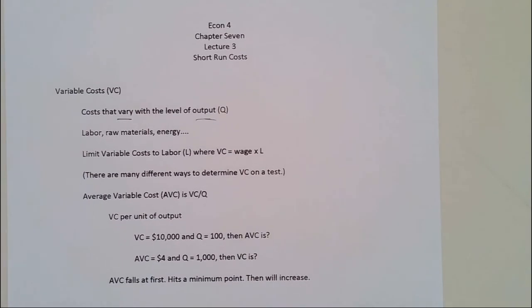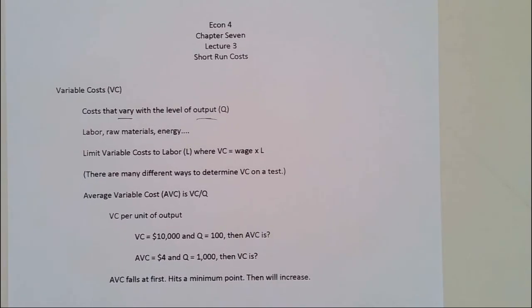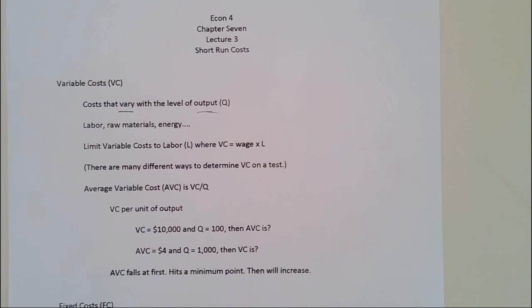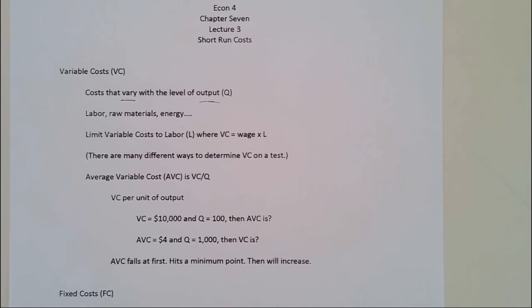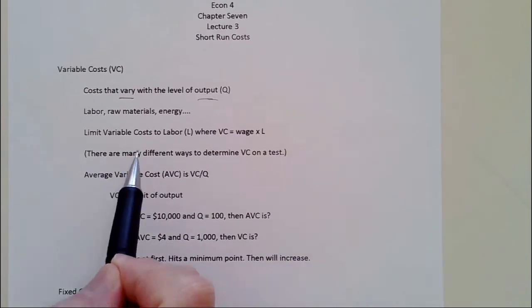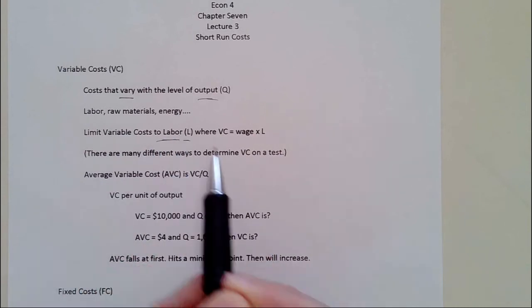And so the more customers we have, the more meals that are ordered, then our costs are going to go up. In our simple world of Chapter 7, we're going to have just labor. Use L for labor.